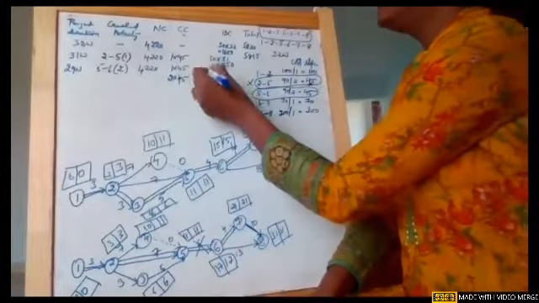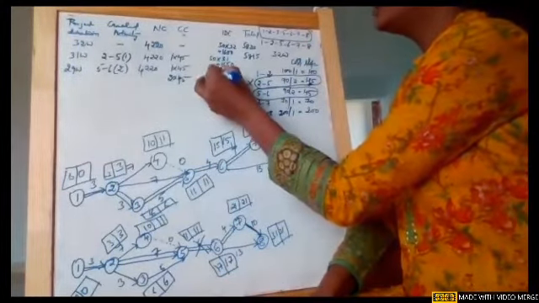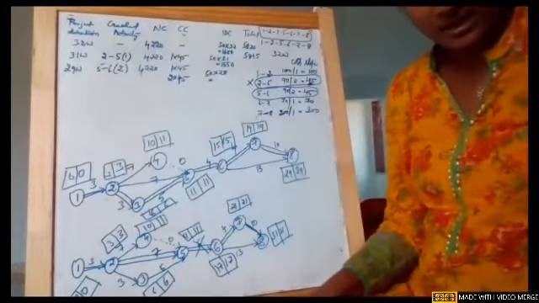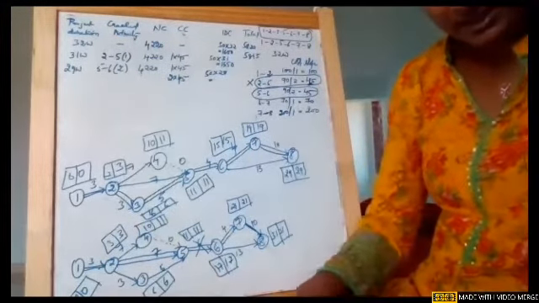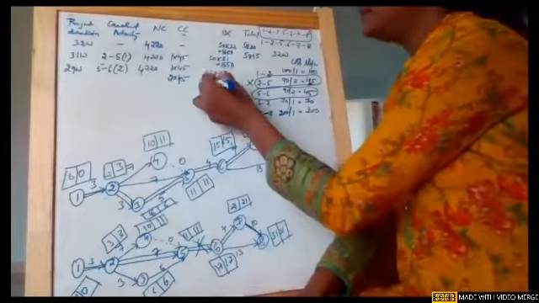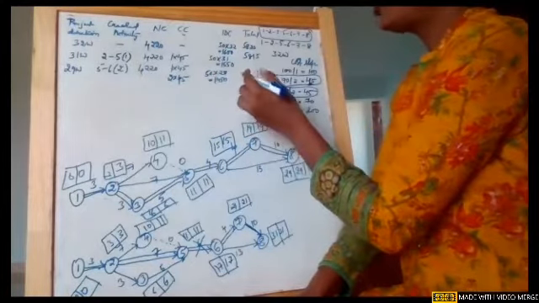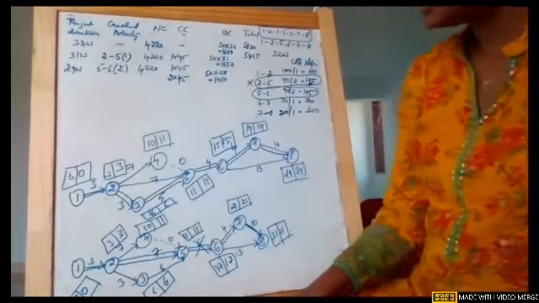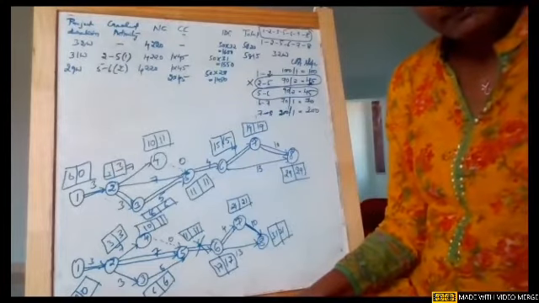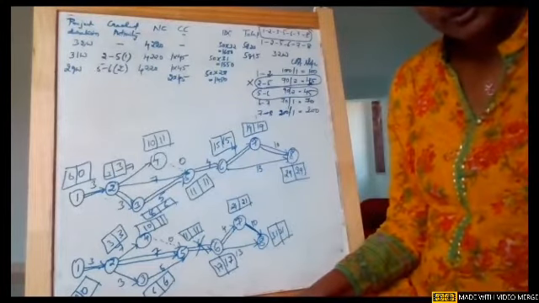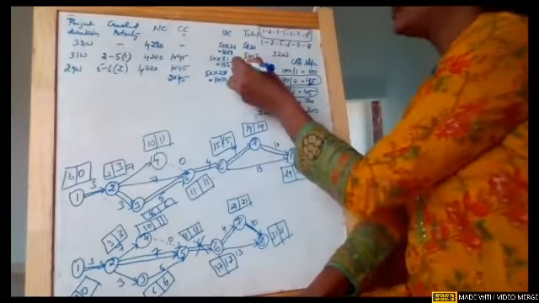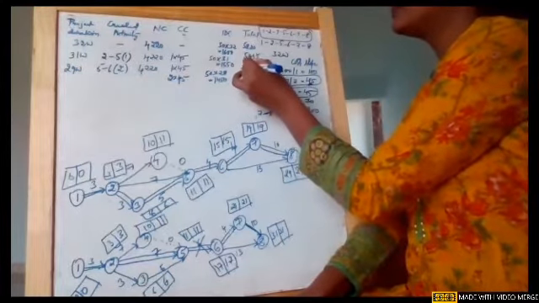Okay, and 50 into 29. Now the duration is reduced to 29. So it is 50 into 29. So it is 1450. So the total cost now after this is 5,805.